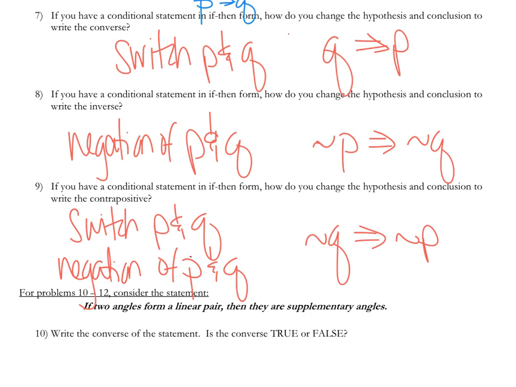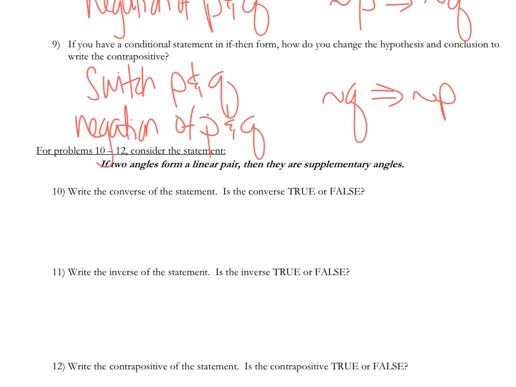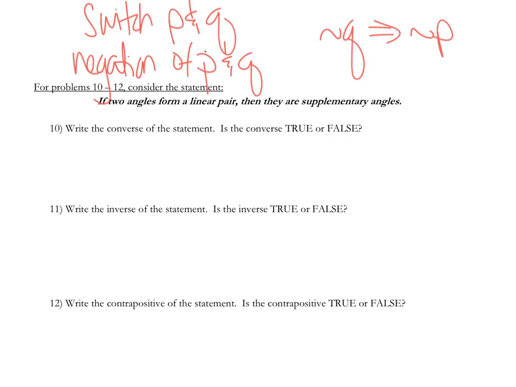So essentially all we did just now was recreate in words how to make all those statements. Okay, so now we're going to practice this. So remember that a conditional statement is if P, then Q. So this is our P, this is our Q. So if P, then Q.